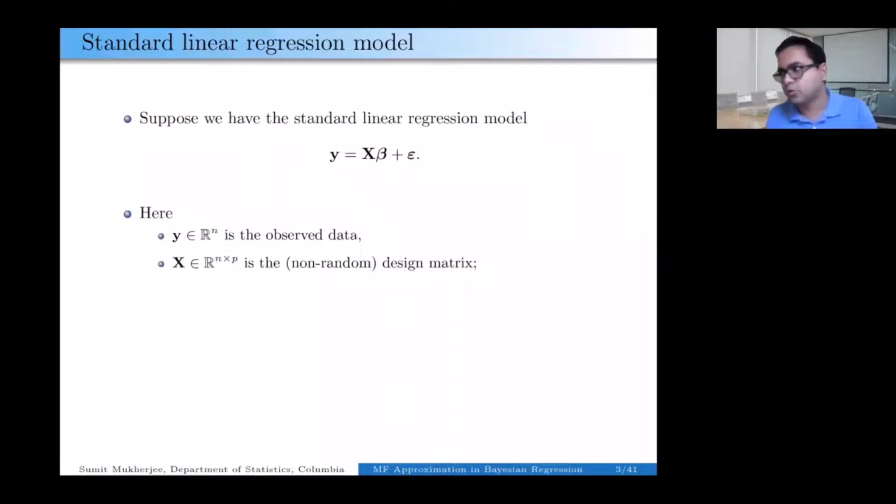Whatever I say in this talk also applies to random matrix X just by conditioning, and we will give examples of random design matrices in the talk as well. We are thinking of settings when n and p are both large, and I'll talk about what type of asymptotics as we go on. Beta is a coefficient vector, which is p-dimensional.